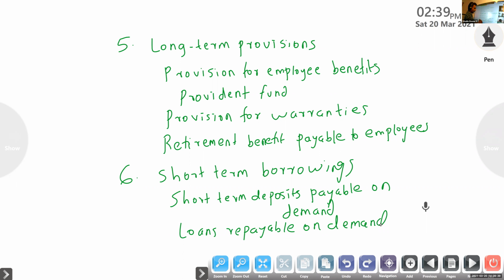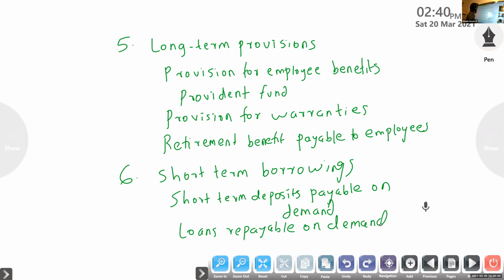That is short-term borrowings. Immediately we have to pay. So short-term borrowings are over. Clear? Okay.